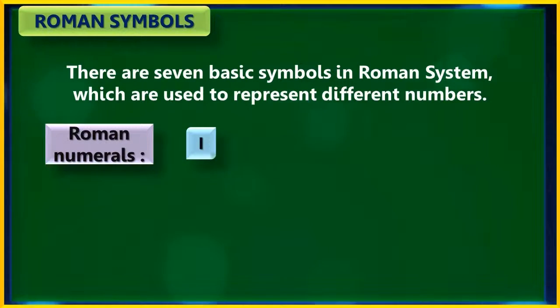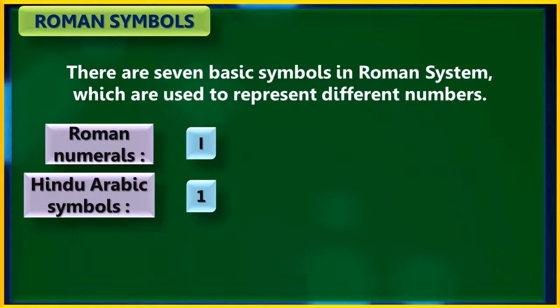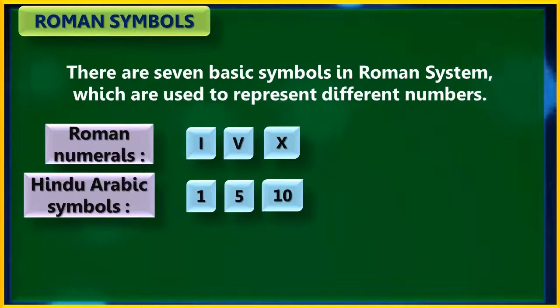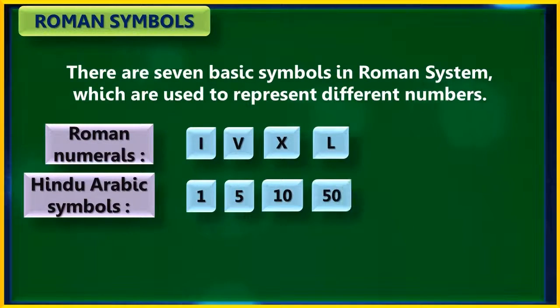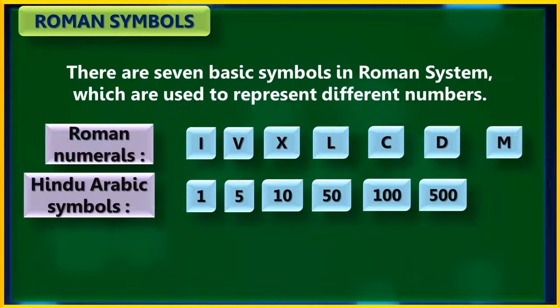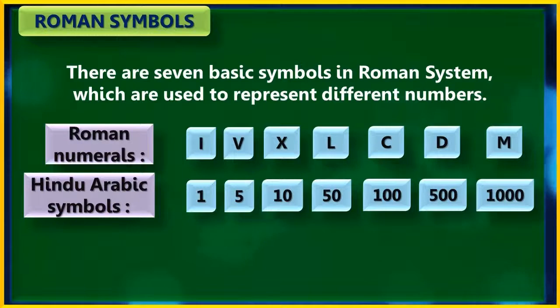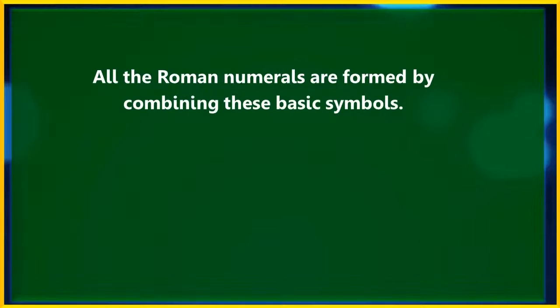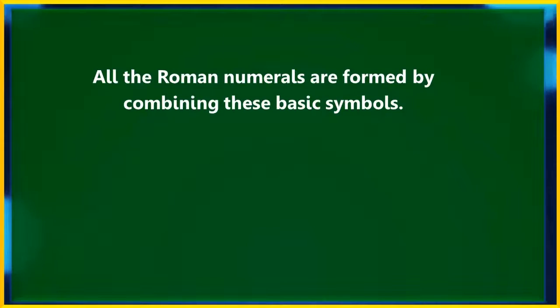I represents 1, V represents 5, X represents 10, L represents 50, C represents 100, D represents 500, M represents 1000. All the Roman numerals are formed by combining these basic symbols. The given table shows the different Roman symbols and the corresponding Hindu-Arabic numeral symbols.